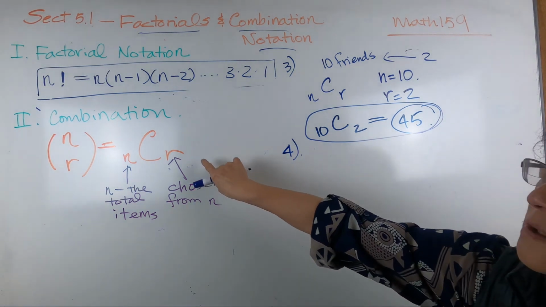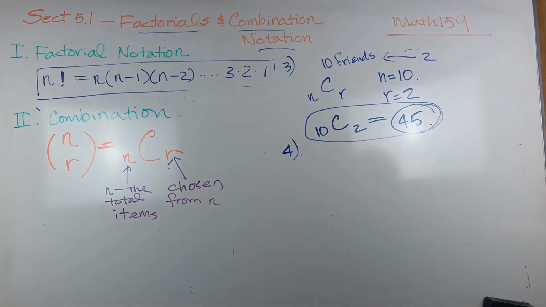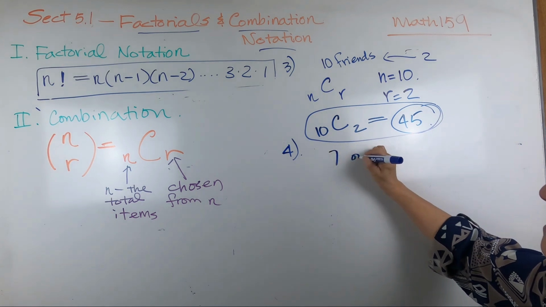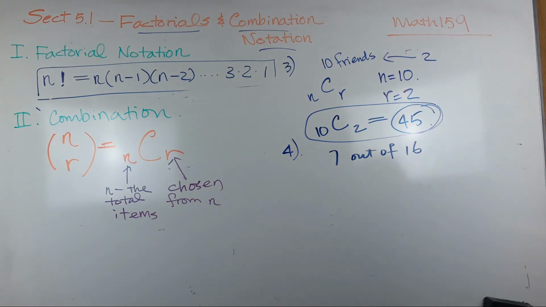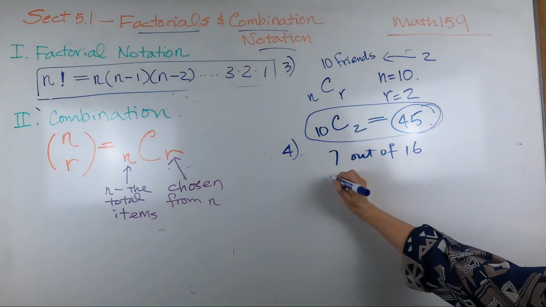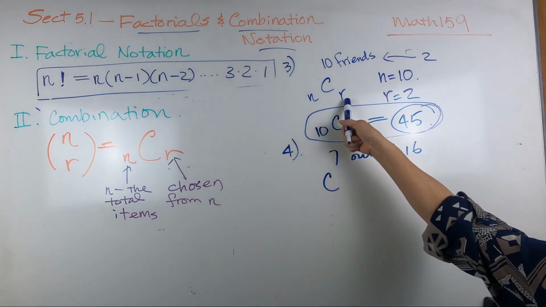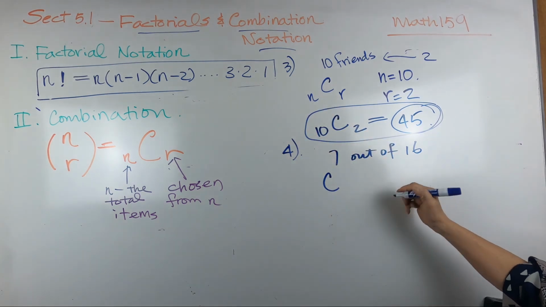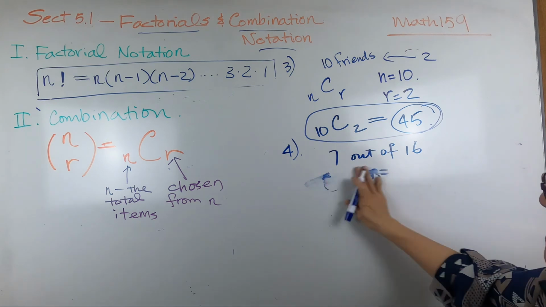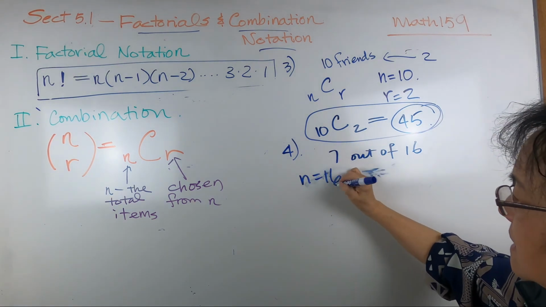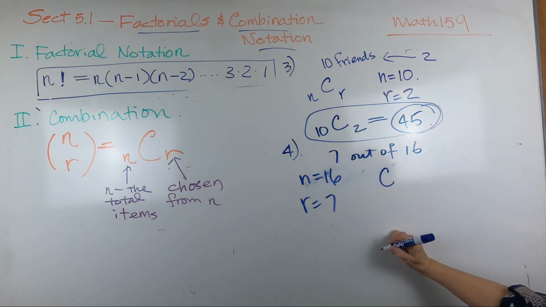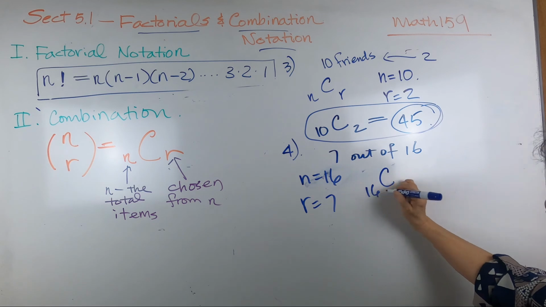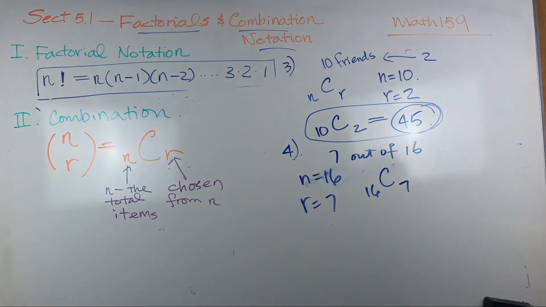So you are going to use the combination notation to figure it out. You are going to choose 7 out of 16 fruits, right? So what do you do? nCr. N is the total. So what's your N? Your N is 16. You choose how many? R is 7, right? So you will do C, total 16, and 7 out of 16.